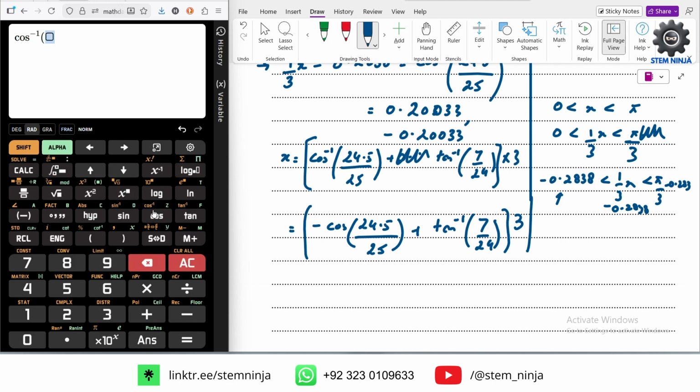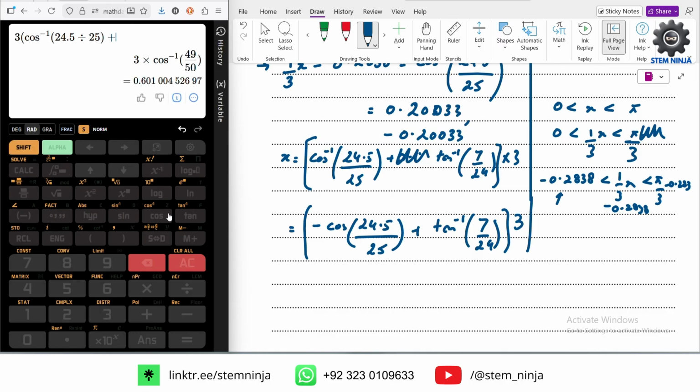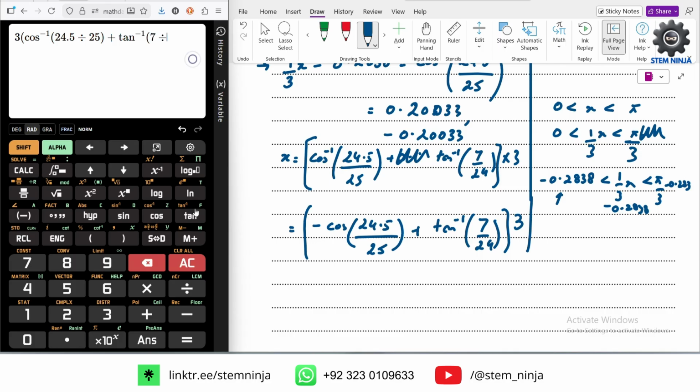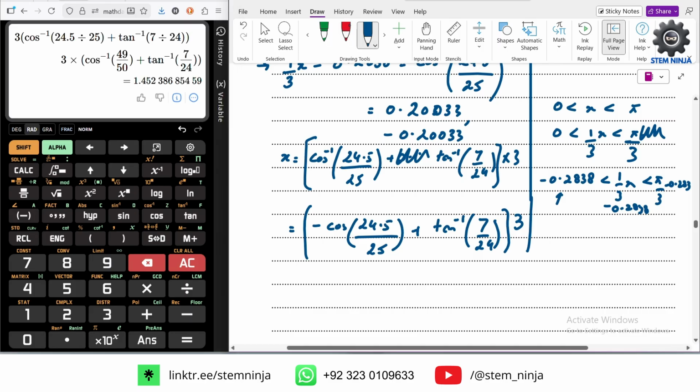So cos inverse of 24.5 divided by 25, times 3, plus tan inverse of 7 divided by 24, brackets. One answer is 1.452.